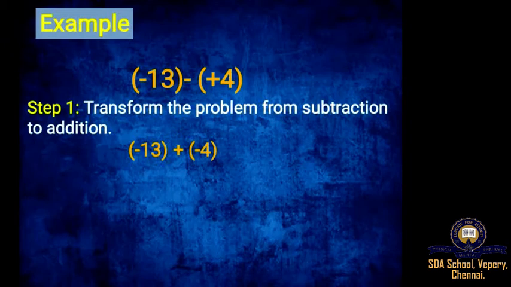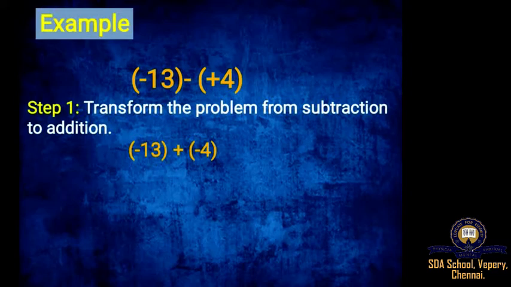And next you have to get the opposite sign of the second number. So here it is plus 4. So the opposite sign will be minus 4. Opposite to plus 4 will be minus 4. So now we got the problem to be minus 13 plus of minus 4.